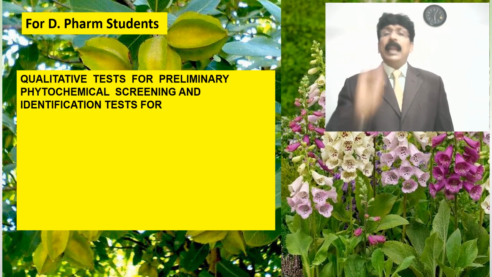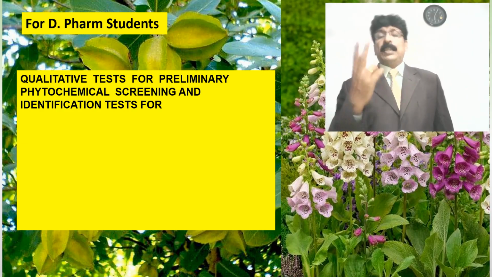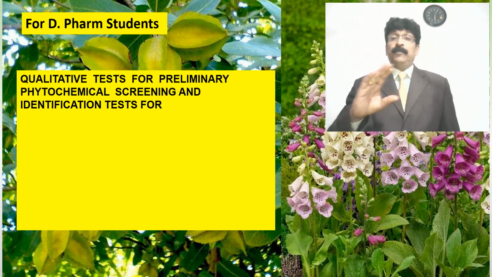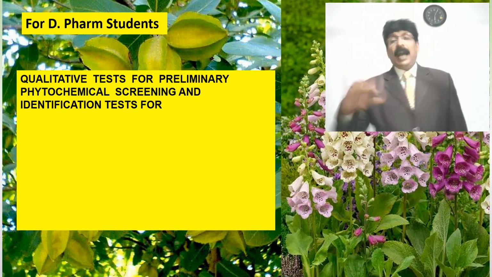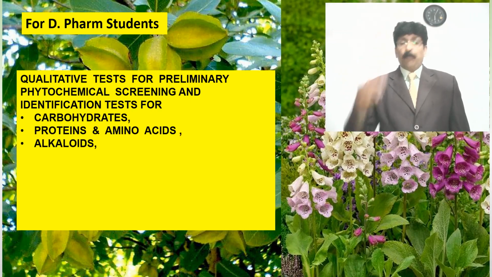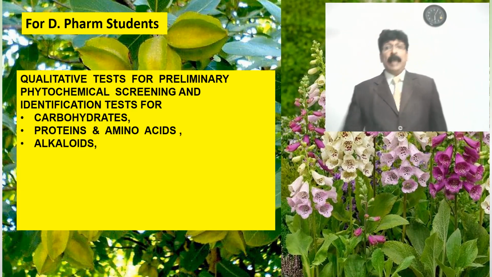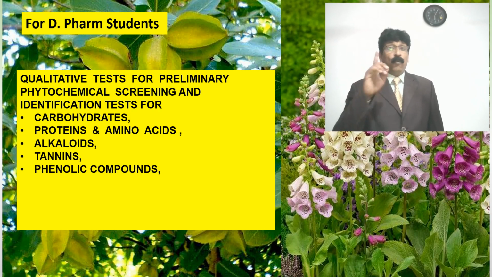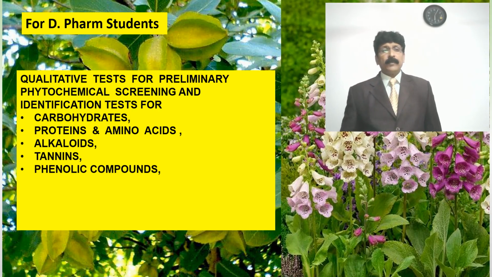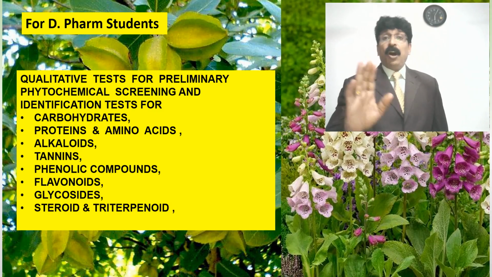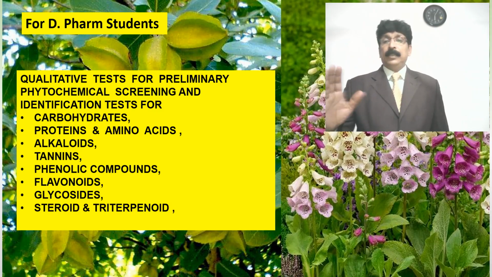According to the syllabus, two chapters have been covered in this one lecture: preliminary tests for phytochemical screening and identification tests, starting from carbohydrates, proteins and amino acids, alkaloids, tannins, phenolic compounds, flavonoids, glycosides, steroids and terpenoids. Usually they are present in glycosides.